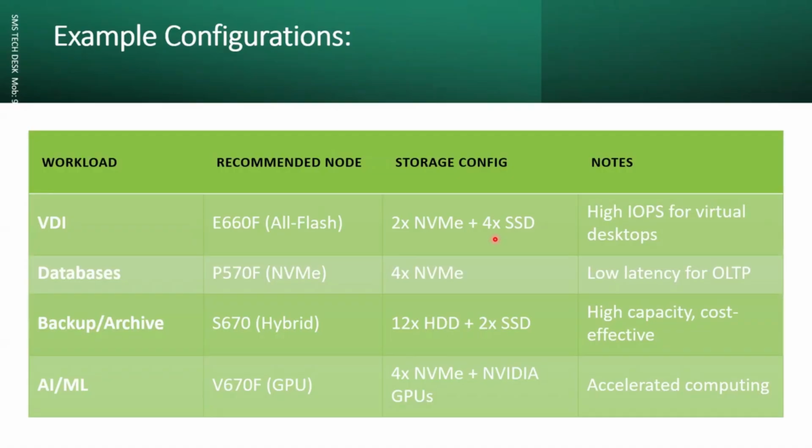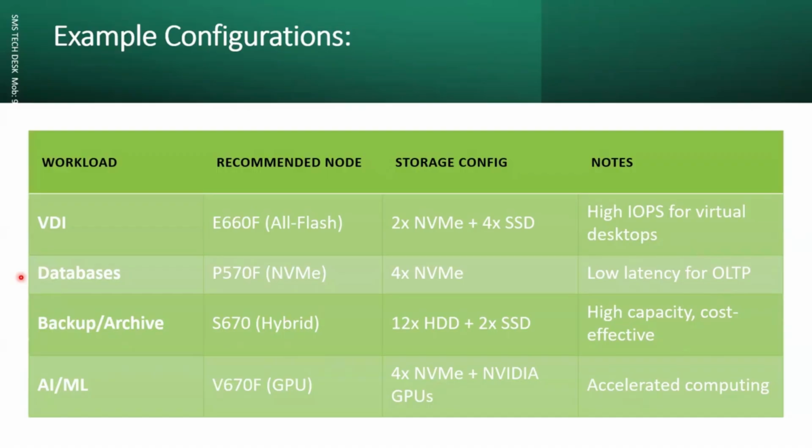Here it is mentioned: high IOPS for virtual desktops, low latency for OLTP, high capacity cost effective storage, and accelerated computing. Whatever the requirement, follow the best practices given by Dell EMC and then select your host to meet the requirement.